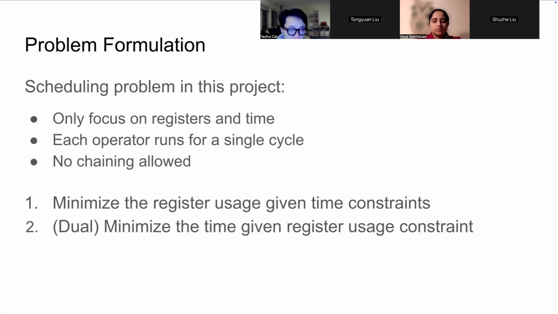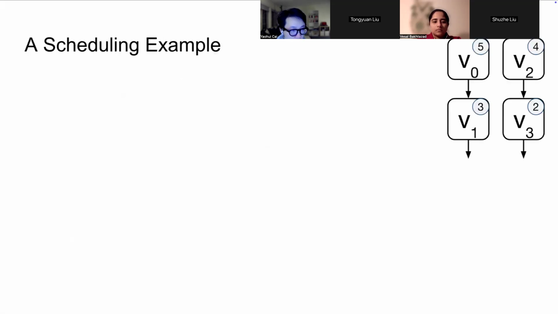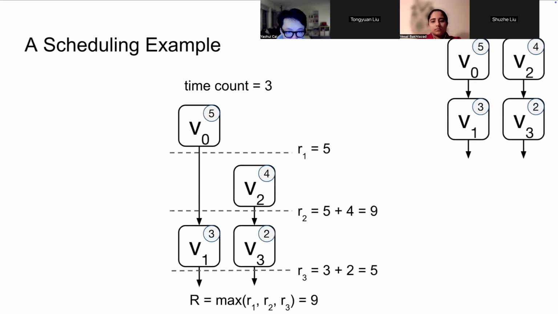So what do register usage and time constraints mean? In this specific schedule example, we want to schedule these four operators into three different time slots. Therefore, the time usage for this schedule is three. And register usage is the number of registers needed to carry all the output from the previous cycle to the next cycle.